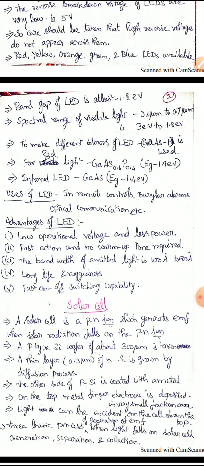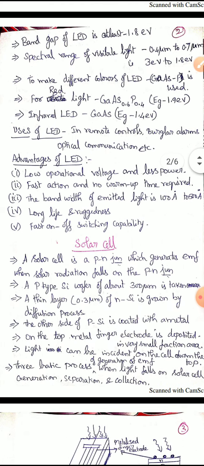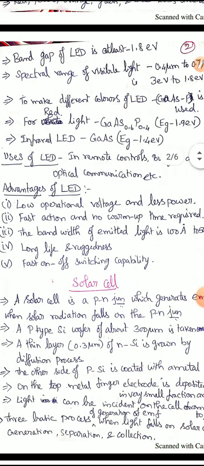Here the energy gap will be 1.9 electron volt. If you need an infrared LED, we use gallium arsenide with an energy gap of 1.4 electron volt. So these are the points about light emitting diodes.